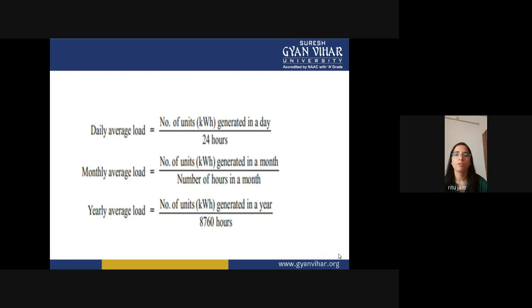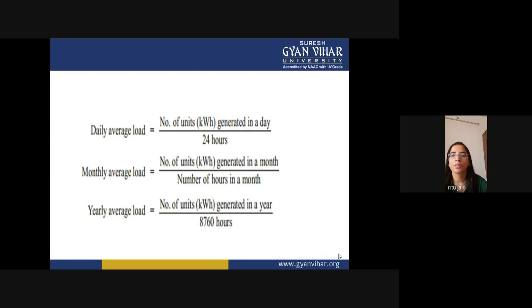The formula for daily average load is the number of units generated during the day divided by the total hours. Monthly average load is the number of units generated in a month divided by the number of hours in a month.